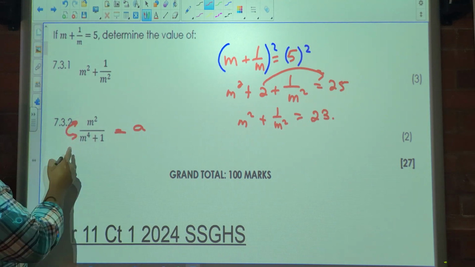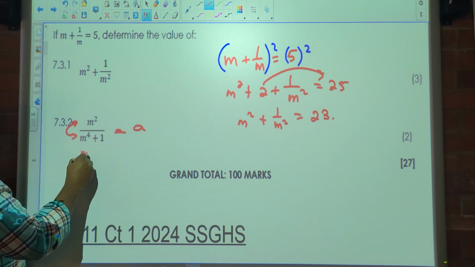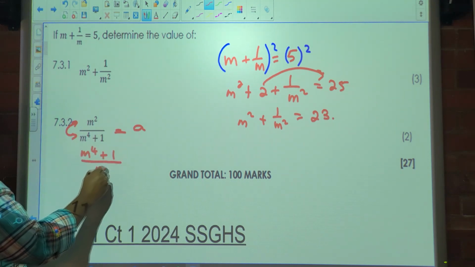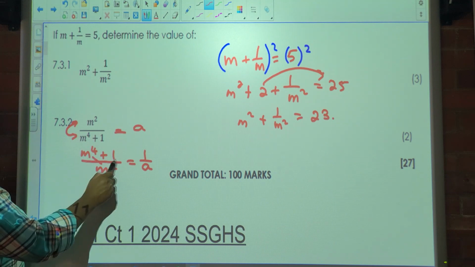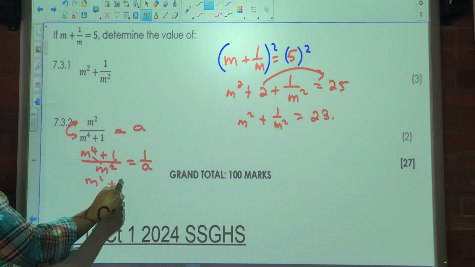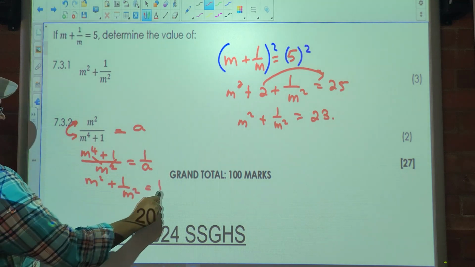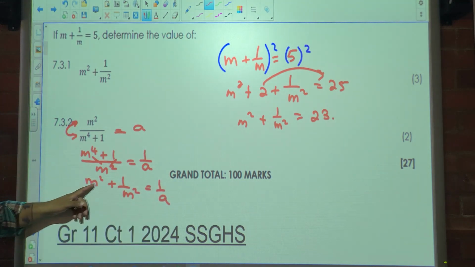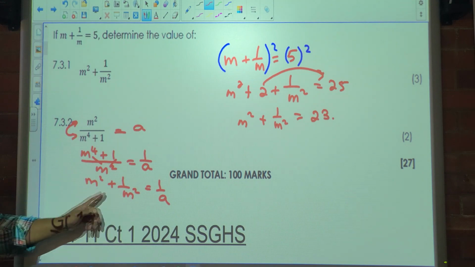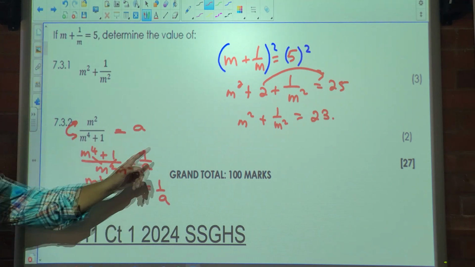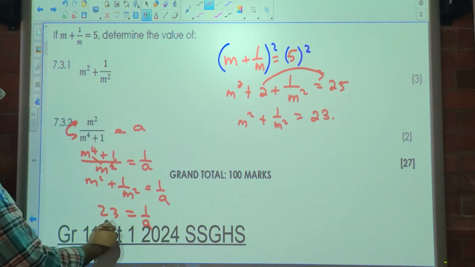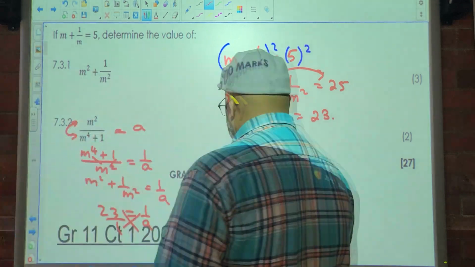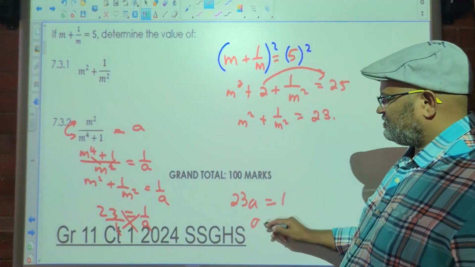If I take the reciprocal here, I must take the reciprocal on the other side as well. So it's m to the 4 plus 1 over m squared is equal to 1 over a. If I split it up, it will be m squared plus 1 over m squared is equal to 1 over a. But what is m squared plus 1 over m squared? 23. So in other words, 23 is equal to 1 over a. Cross multiply. So 23a is equal to 1. So a is 1 over 23.